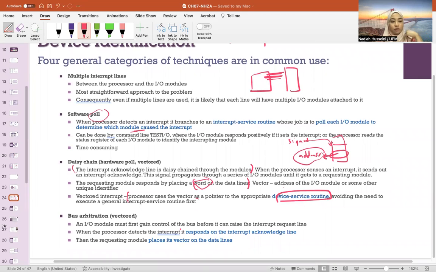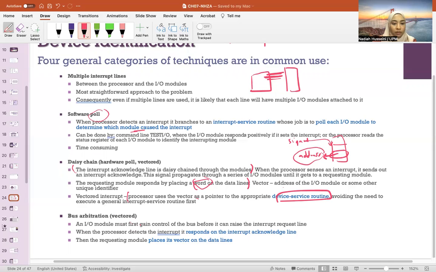The fourth one is bus arbitration. We know what bus arbitration is. Basically, you control the bus. Arbitration means to control, so bus arbitration is to control the bus. This is also vectored, meaning that you are using a vector. A vector is a word that can be an address of the IO module, or any unique identifier.